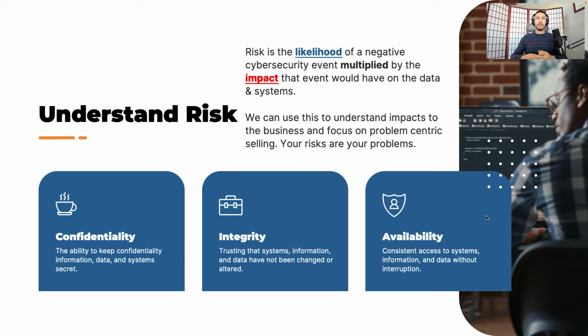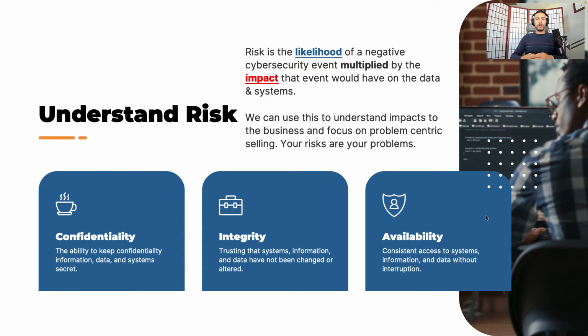The likelihood can come a little bit later. There are often some cybersecurity questionnaires that get sent over asking if particular documents have been created or if any cybersecurity best practices have been implemented. But what we want to do to actually make the sale is to bring impact to the front and bring some awareness to that. So I want to talk about how we can do that.